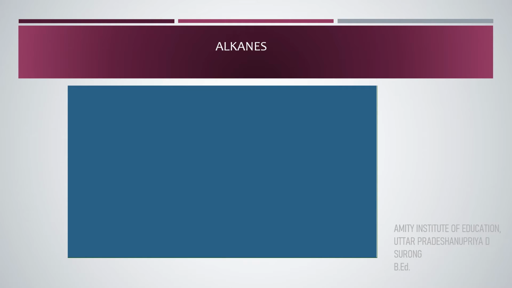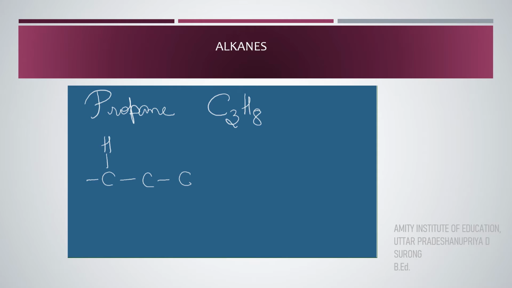Let us now look at the third hydrocarbon called propane. And its molecular formula is C3H8. So it is drawn as 3 carbon atoms, okay, bonded with 8 hydrogen atoms.